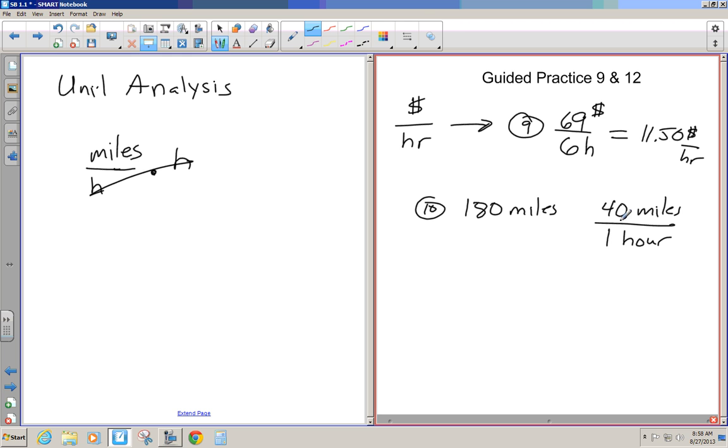So we need to divide 180 miles by 40 miles per hour. When you divide by a fraction, you end up multiplying by its reciprocal. So basically 180 divided by 40 gives you 4.5 hours.